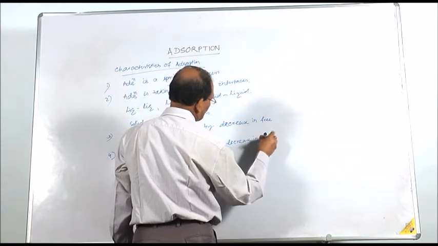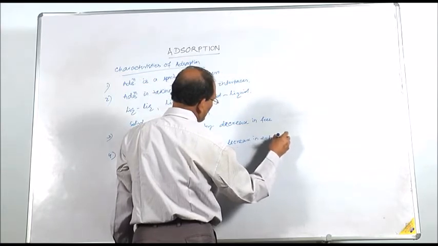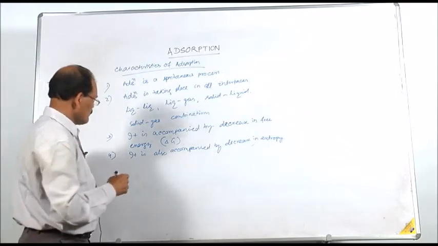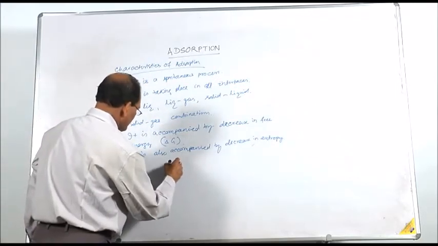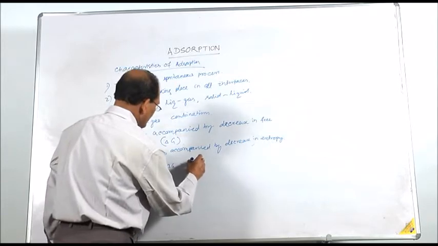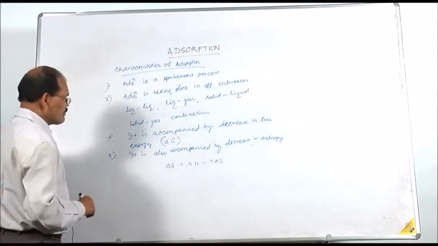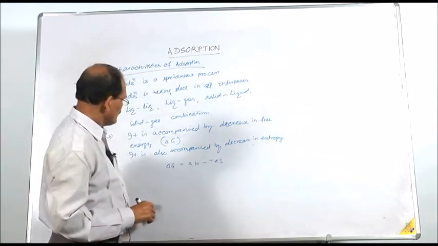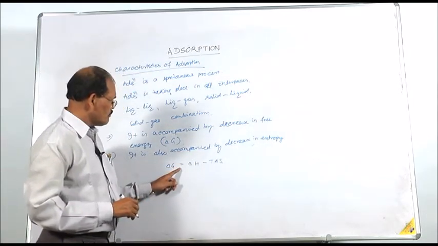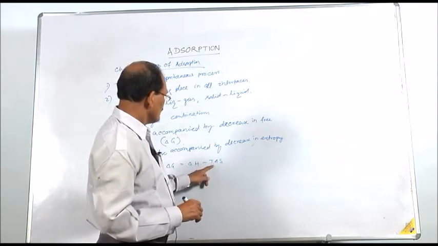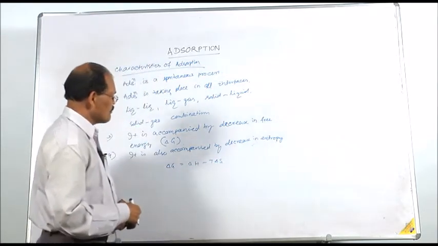Decrease in entropy. Considering the Gibbs-Helmholtz equation, delta G is equal to delta H minus T into delta S. According to the Gibbs-Helmholtz equation, decrease in free energy is equal to decrease in enthalpy minus T into delta S, where S is entropy.